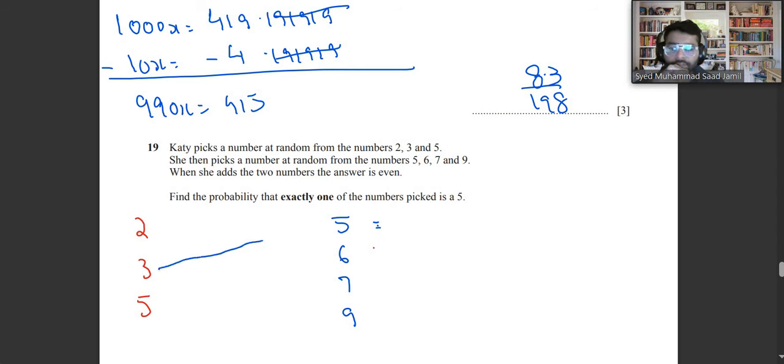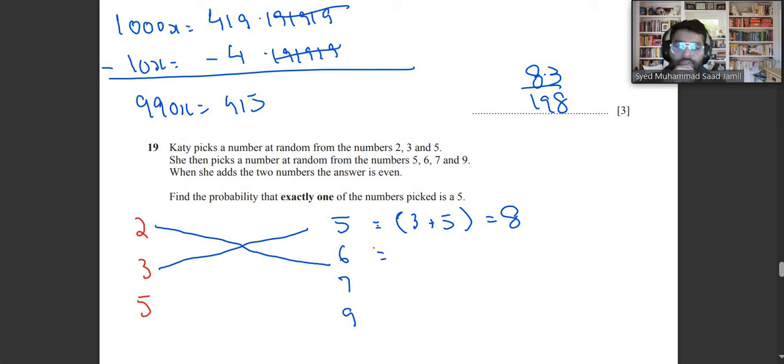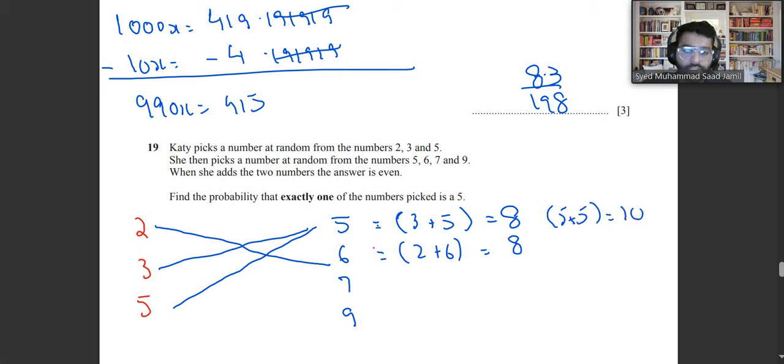For example, 3 plus 5, the answer is 8. If you do 2 plus 6, the answer is also 8. Then 5 plus 5, the answer is 10. Then 5 plus 7, the answer is 12.